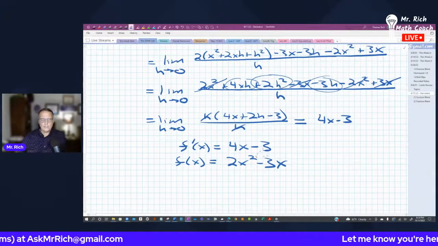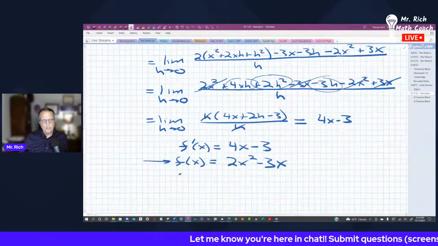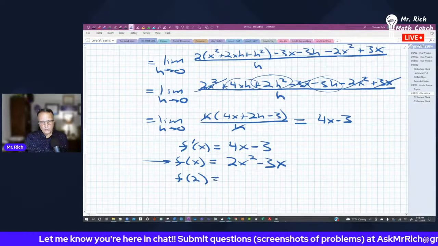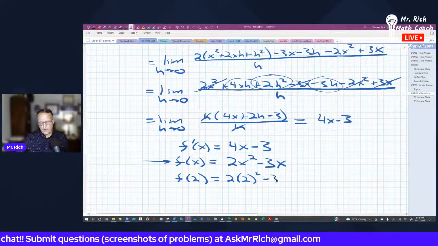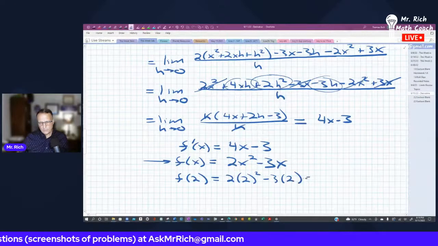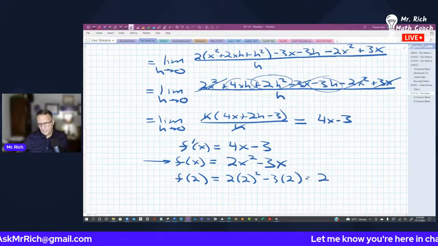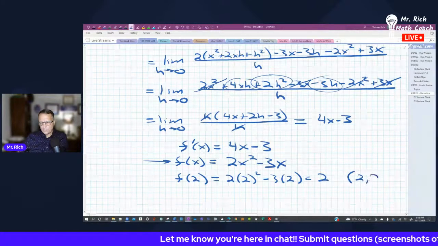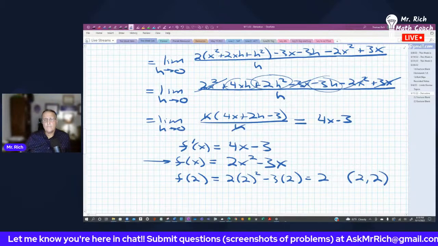So this gives me y values, this function right here. For example, if I'm interested in the location x equals 2, f of 2 would be 2 times 2 squared minus 3 times 2. 2 squared is 4, 4 times 2 is 8, 8 minus 6, it's 2. That means that the point 2 comma 2 is on the function f of x.